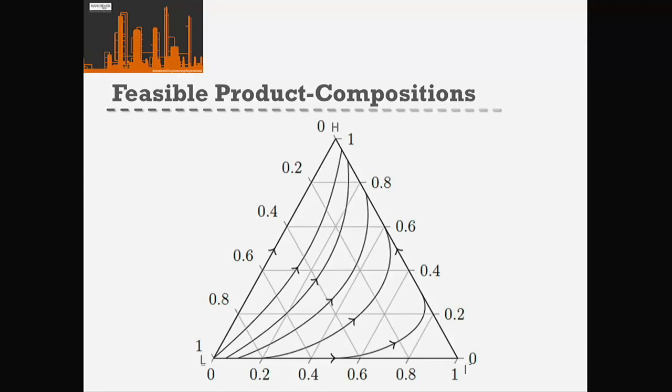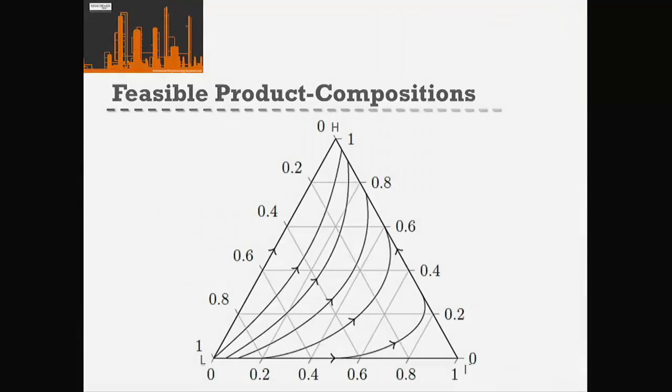So let's have a think about one of these systems. So this is a simple azeotropic system. So these are our residue curves, and if you remember, pointing in the direction of the higher boiling component.